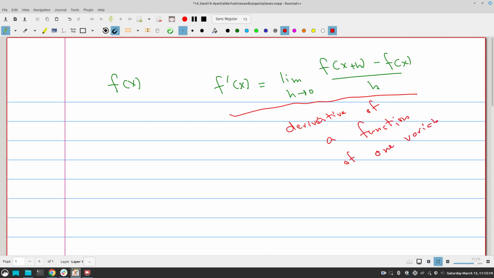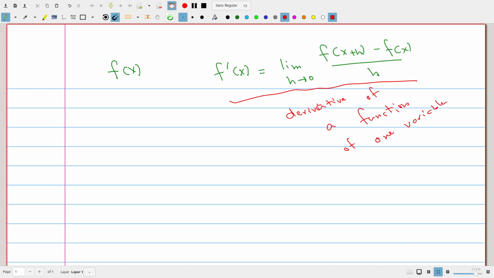Now, in real life, in economics, in physics, in engineering, we have functions of many variables, and what we need to do is find the derivatives of those functions with respect to particular variables. For example, you have a temperature function.